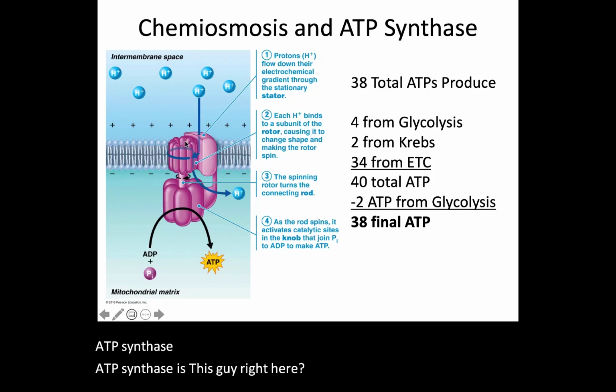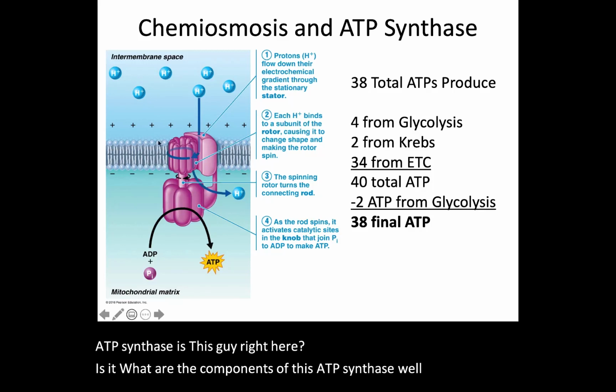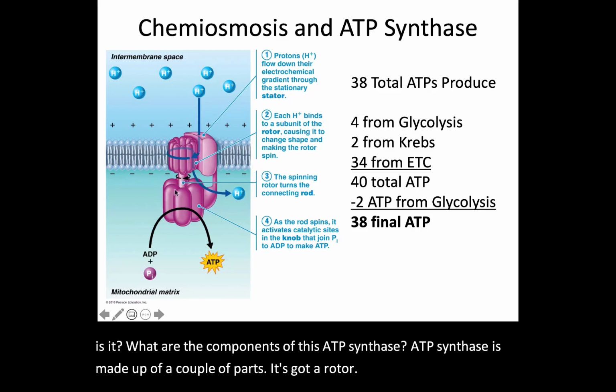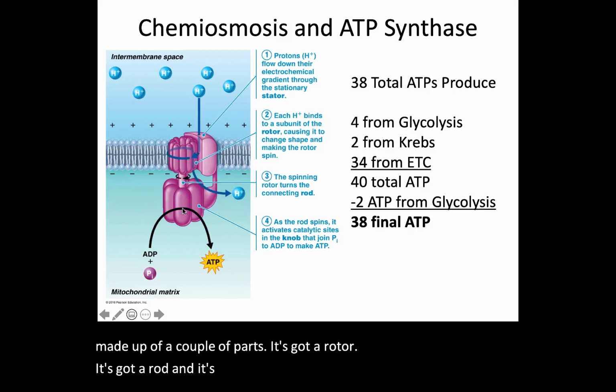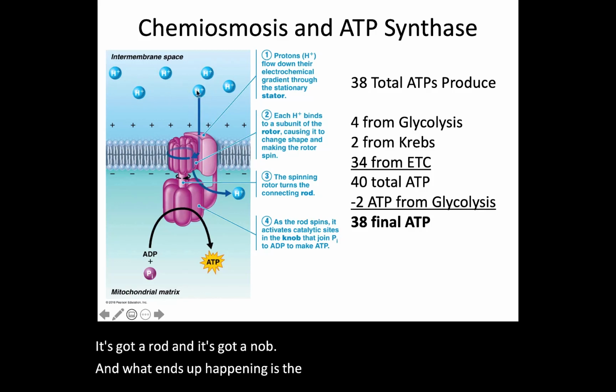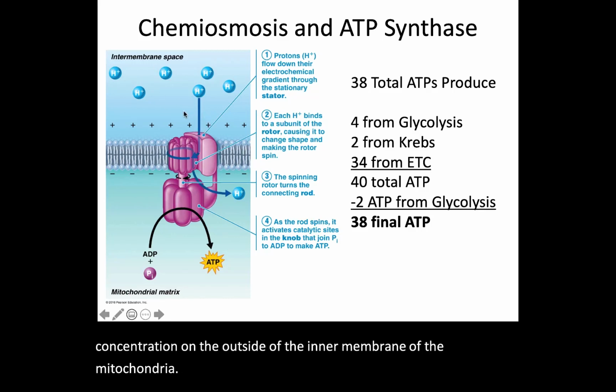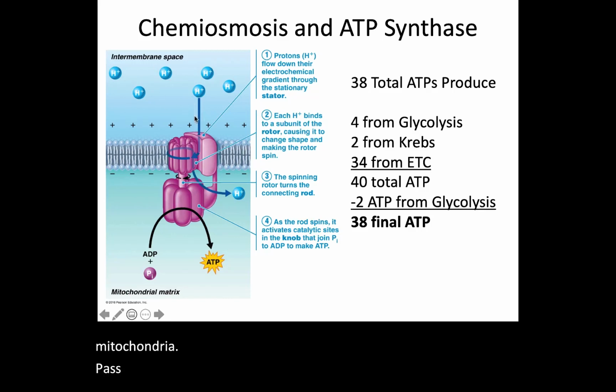All right. And so what are the components of this ATP synthase? Well, ATP synthase is made up of a couple parts. It's got a rotor, it's got a rod, and it's got a knob. And what ends up happening is the hydrogen protons that are in high concentration on the outside of the inner membrane of the mitochondria pass through this stator.